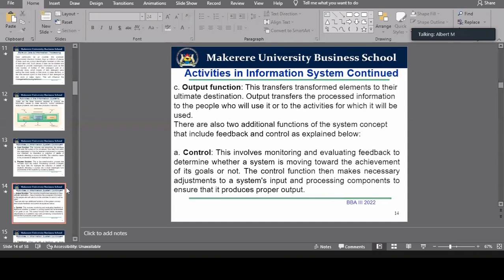You're welcome. Then we have a control activity, or the control function. This involves monitoring and evaluating feedback to determine whether a system is moving towards the achievement of its goals or not. Control means we check every now and then if our system is still what we want it to be.